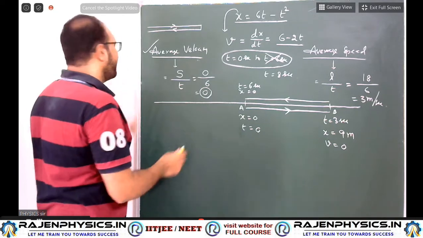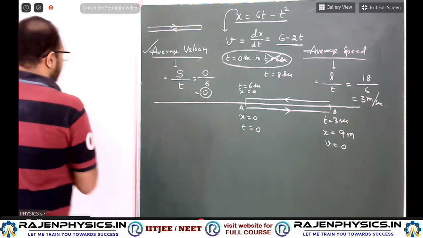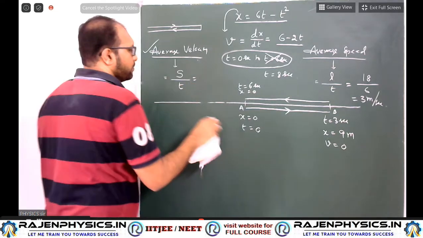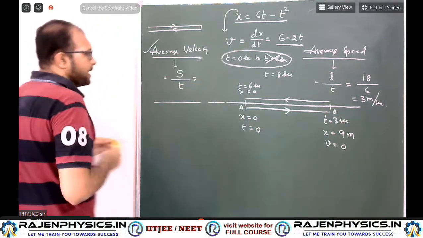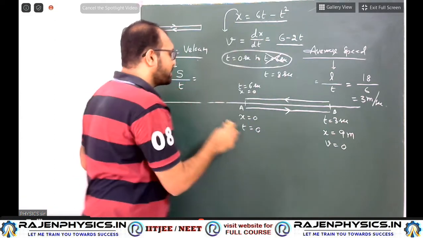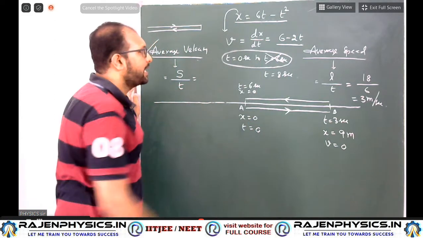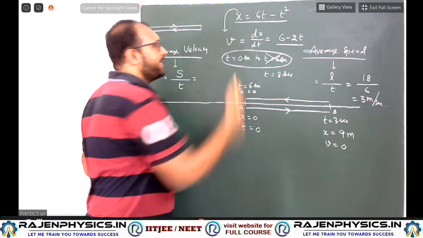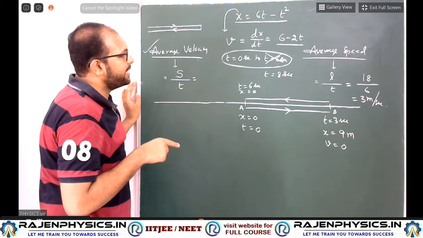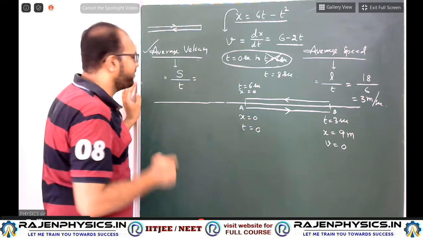So now here, at t equal to 8 seconds, what is the x value we need? t equal to 8, 6 into 8, that is 48, minus t square, that is 64.